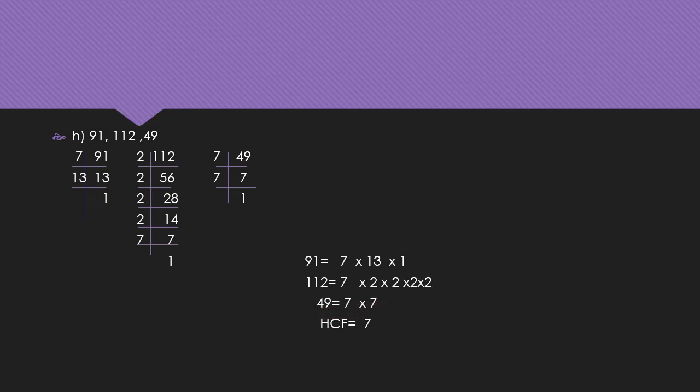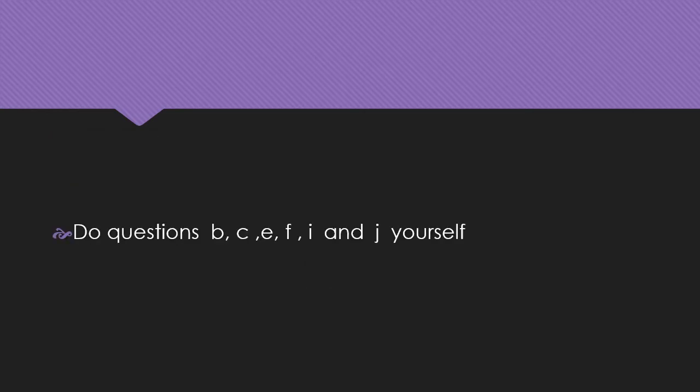Now circle the common factor of these 3 numbers. There is only one common factor, that is 7. So 7 is the HCF of 91, 112, 149. Now using this same method, do questions B, C, E, F, I and J yourself.